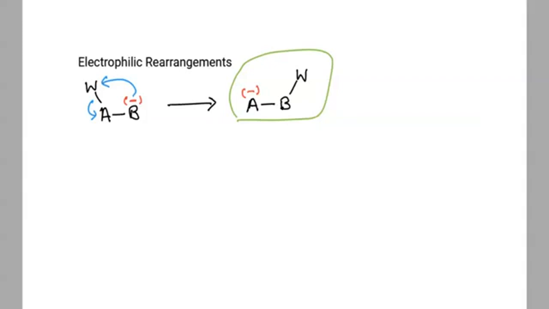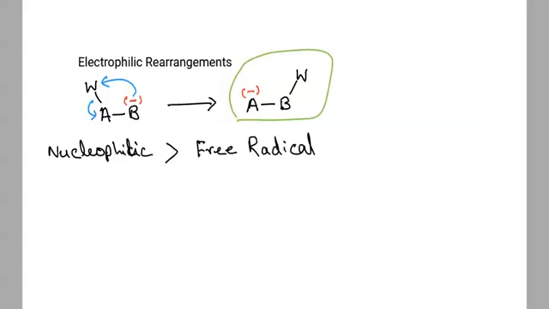So the overall order of these three types of rearrangement is: nucleophilic rearrangements are more prevalent as compared to free radical, and the least one is the electrophilic.